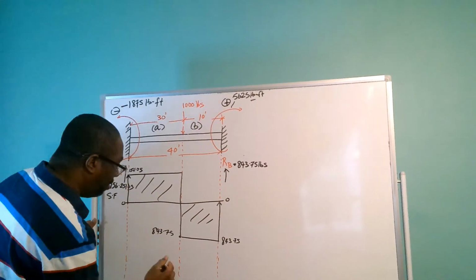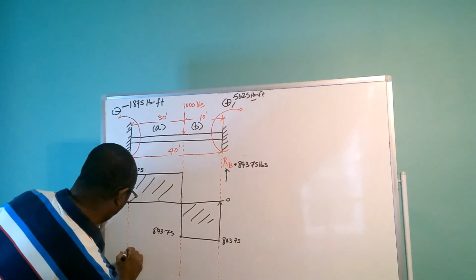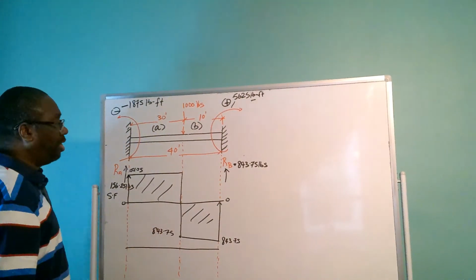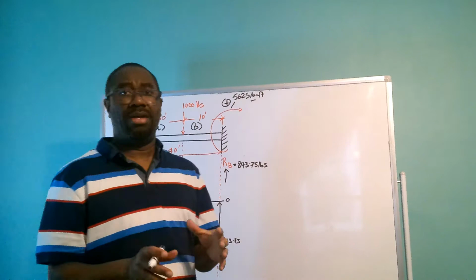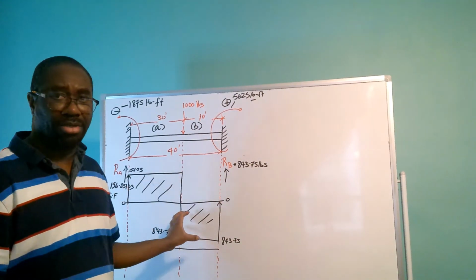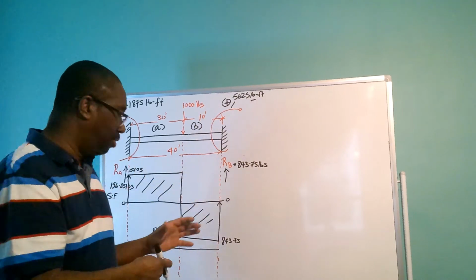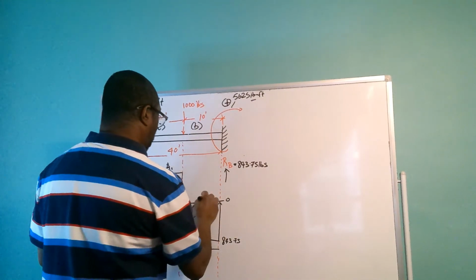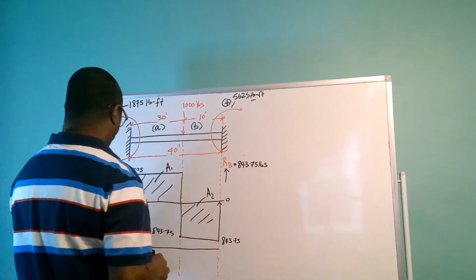Now our bending moments diagram, I don't have enough space, but I'm going to see if I can fit it in. Our bending moments diagram now is going to be the area of one of these two rectangles. So we're going to choose the maximum. So we have here area 1 and area 2.